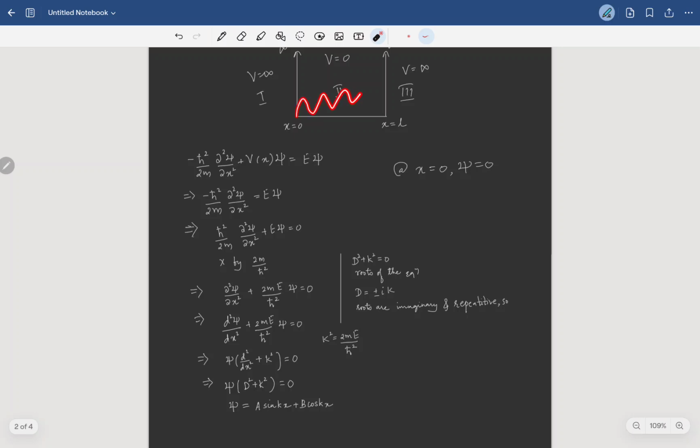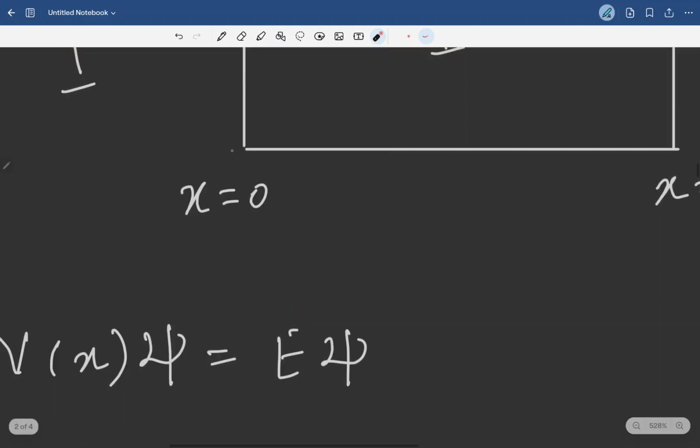It may be like this, or like this, however it may be. But one thing we have to observe is that up to here, the probability of finding the particle is 0. So there is no wave function here, and for that reason, the wave function should also be 0 here.